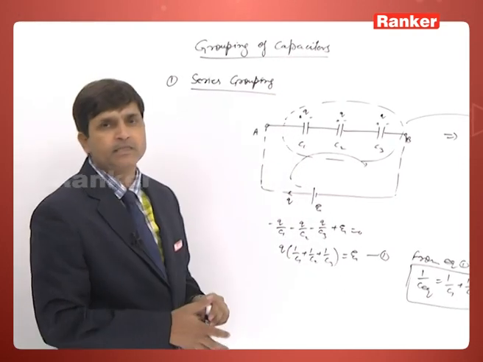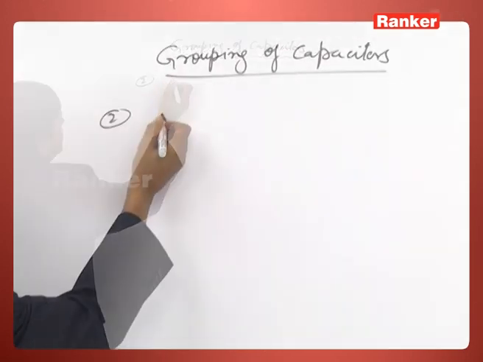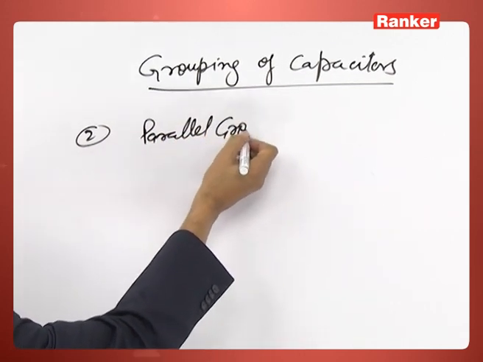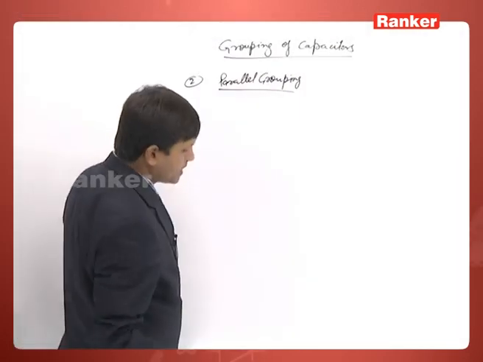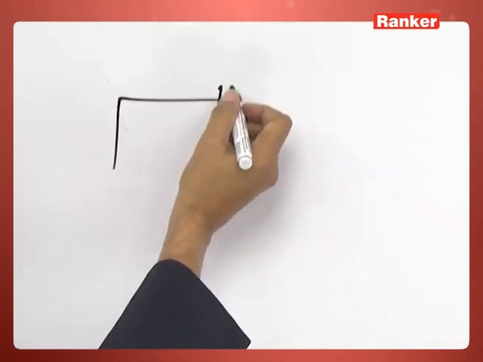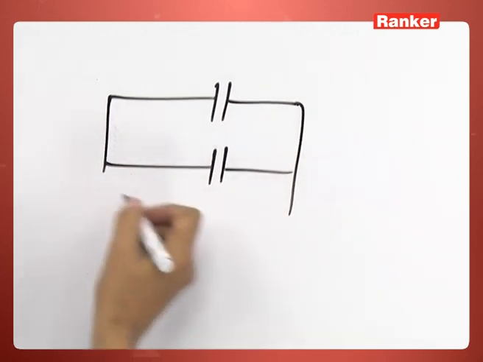Now see, the next is the parallel grouping. Parallel grouping means when the capacitors are connected across common points like this.